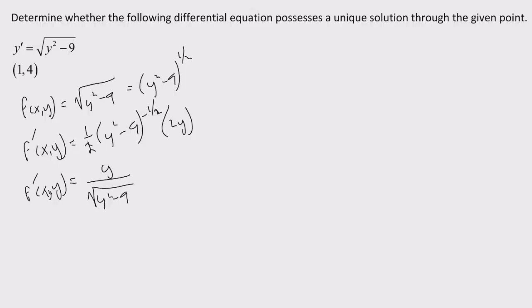Okay, so any domain restrictions we're looking at for our uniqueness would be essentially determined by that derivative, and specifically the square root of y squared minus 9. So I want to make sure that y squared minus 9 stays positive. So y squared is greater than 9, so then y would have to be greater than 3 or less than negative 3.